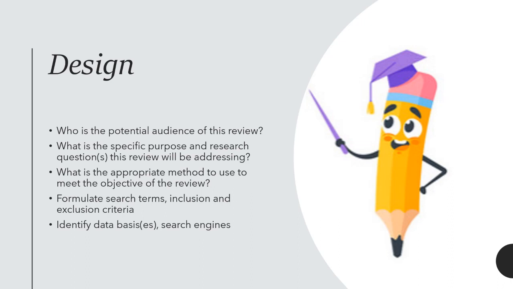Who is the potential audience of this review? The potential audience could be, when you write your proposal, that your audience would be the reviewers or the ethics committee. When you start writing on your chapters, you might be writing for the examiner, and the examiner will be your reviewer.